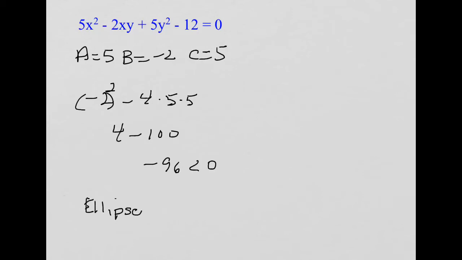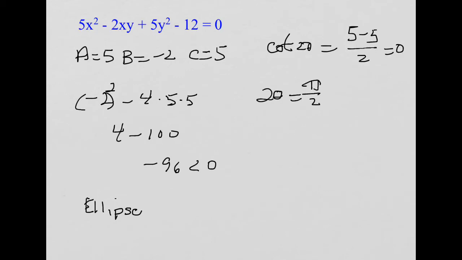Okay, now to find the angle, cotangent of 2 theta is equal to 5 minus 5 over 2, which is equal to 0. So 2 theta, as we know from the previous problem, is equal to pi over 2, and theta equals pi over 4, or theta equals 45 degrees.